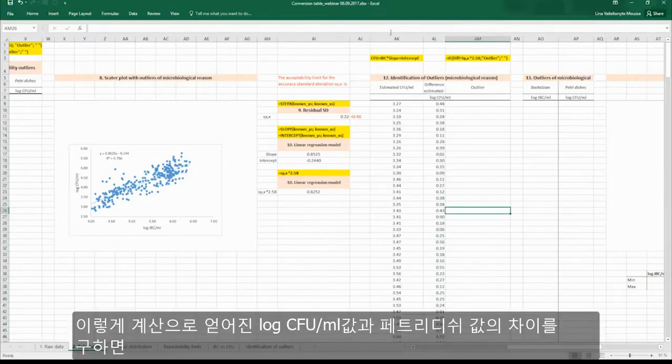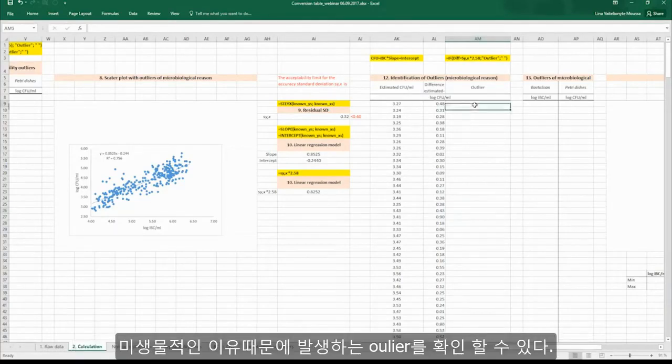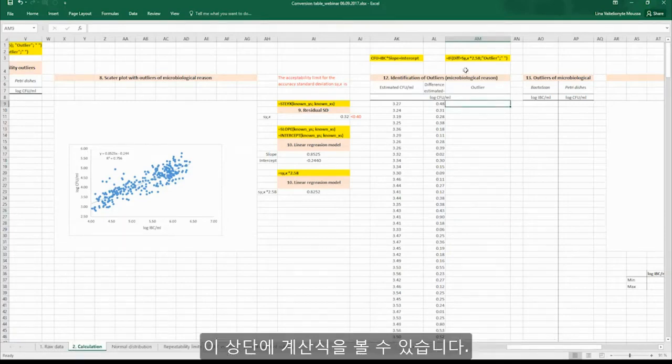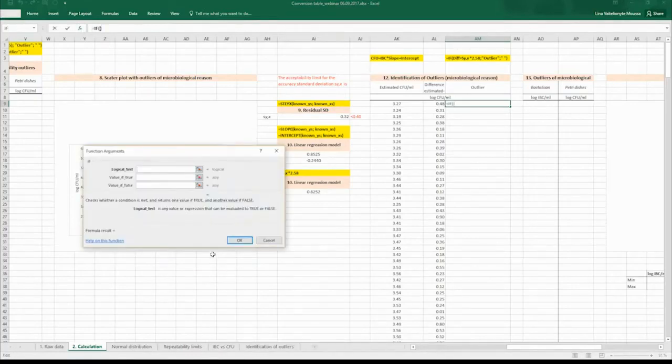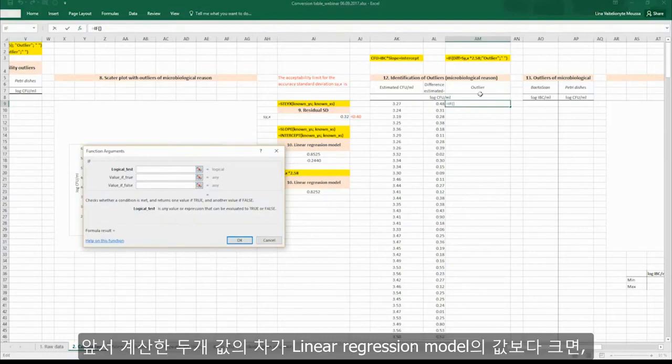So when we have estimated CFU and the difference between estimated and calculated or counted CFU, we can look if there is an outlier of microbiological reason. Here on the top, you can see the formula. Typing IF, and the logical test will be if the difference is more than the linear regression model.